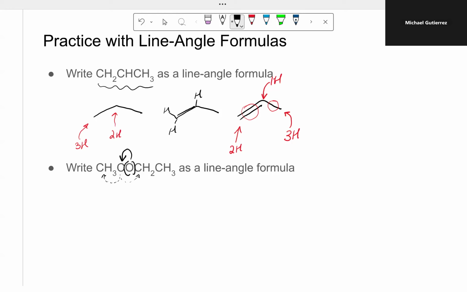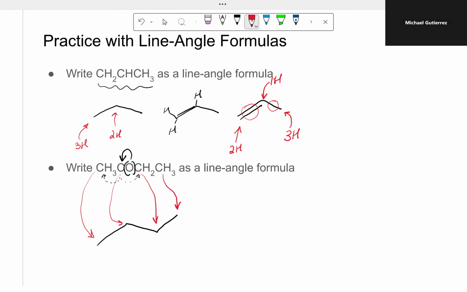So if I'm going to draw those four carbons in a row, I'm going to start with my skeleton formula here, like this. All right, so this carbon right here is this on the end. This one here is supposed to be this one. This is this one, and this is that one there.